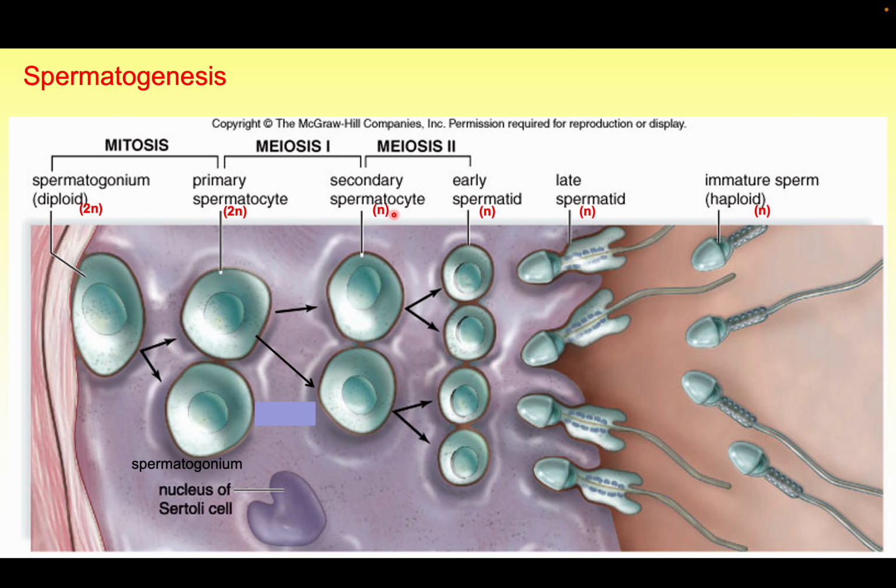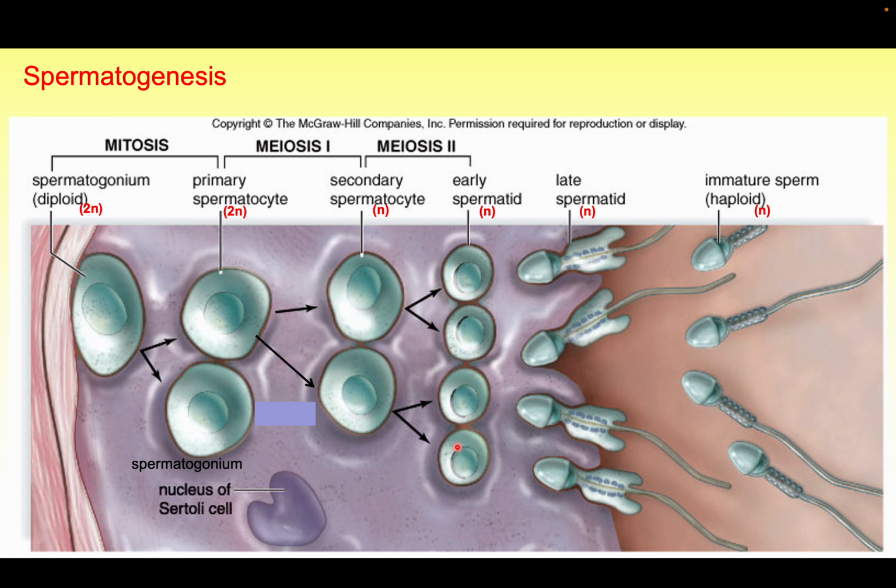Meiosis 2 will produce early spermatids, these four here, one, two, three, four, which are already the male gametes that are already haploid in state.